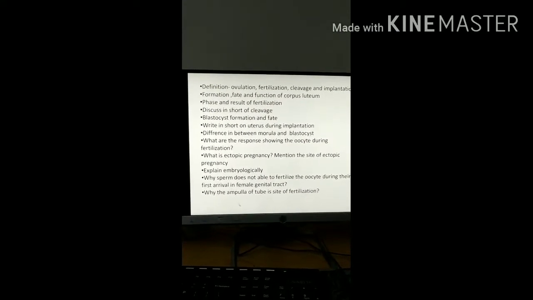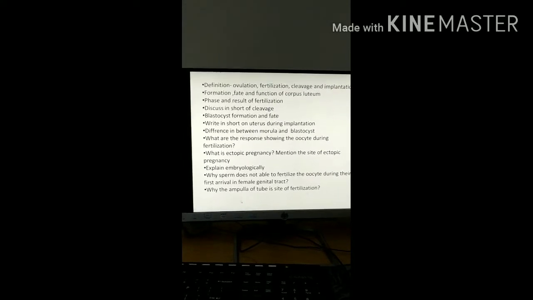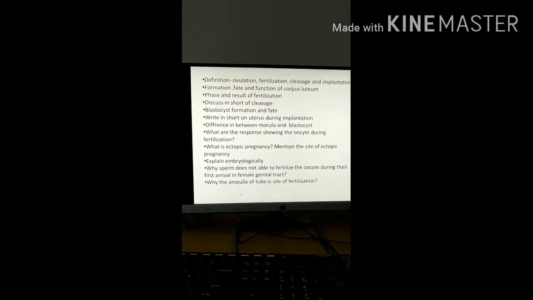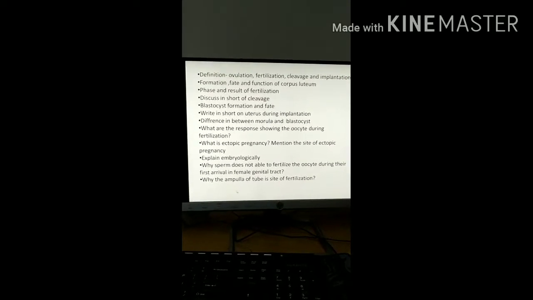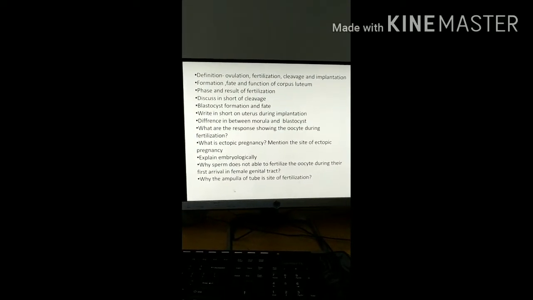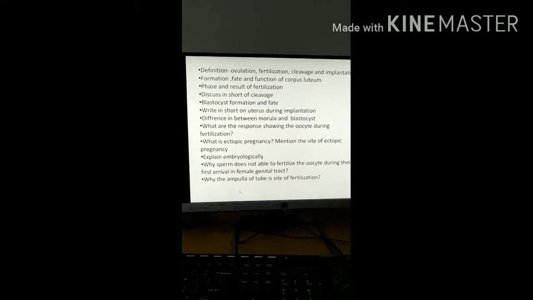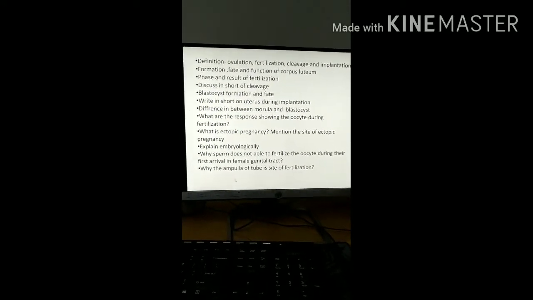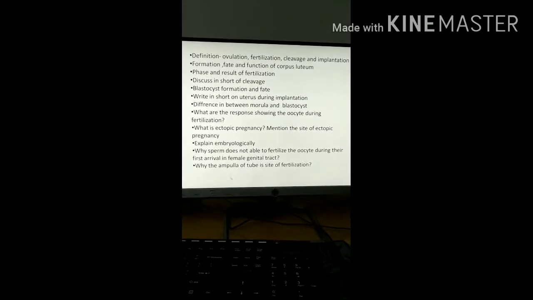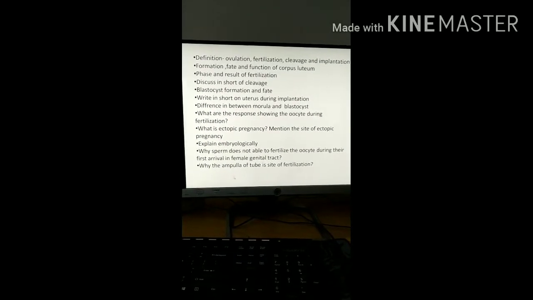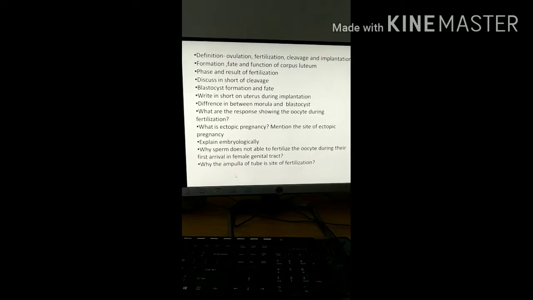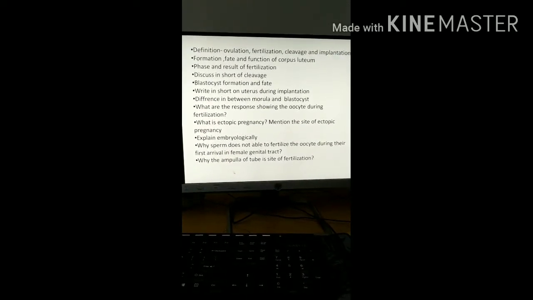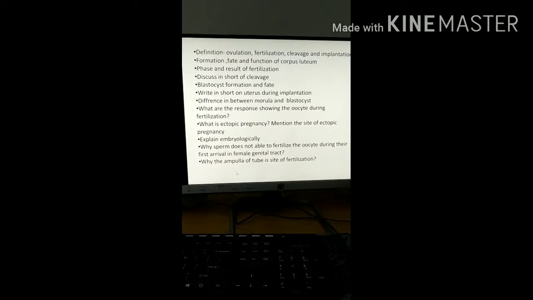After completing this session, I hope my dear students should be able to solve these problems: definitions of ovulation, fertilization, cleavage and implantation; formation, fate and function of the corpus luteum; the results of fertilization, and also the phases and results of fertilization; and discuss cleavage in short.